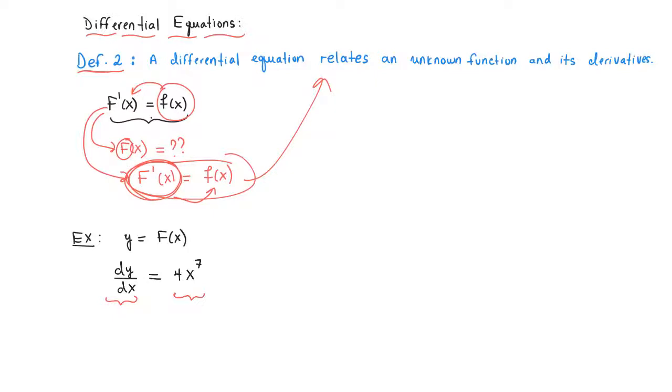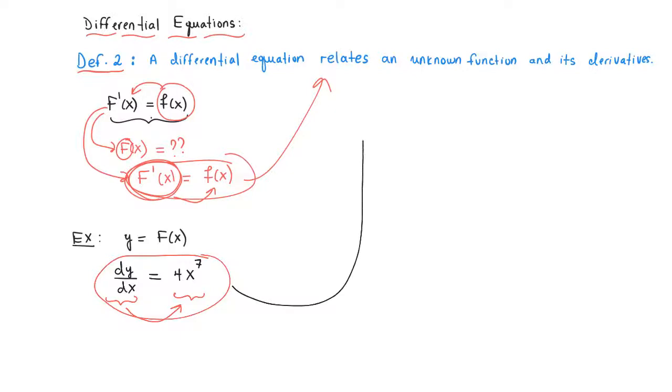I know that we can use the power rule in reverse to find the function, but at first, when you begin, you don't know the function. All that you know is that its derivative is equal to 4x to the 7th. So this is an example of a differential equation. Now the question is, can you solve the differential equation?